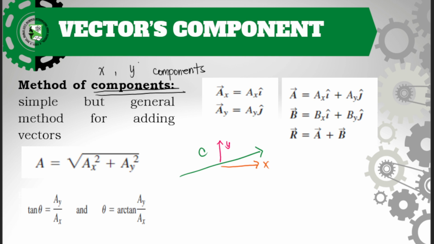So, how do we do that? For example, let's give a value to this vector. Vector C is equal to 15 newtons at angle 30 degrees.